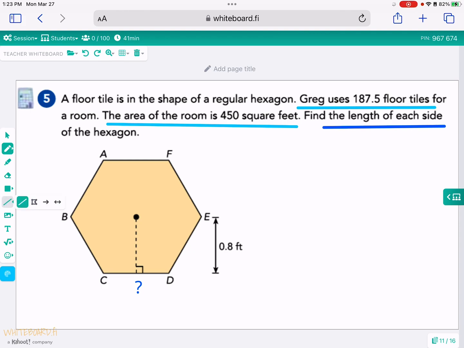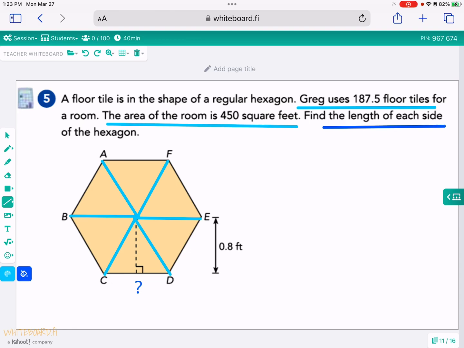So let's go ahead and show a few of those. Here we go. If you were to draw one to each vertex, then you would have 6 equal triangles. And these are what we're going to use to help solve our problem.